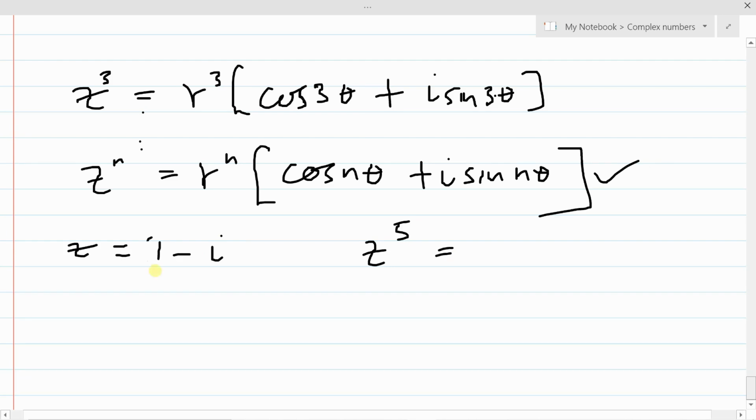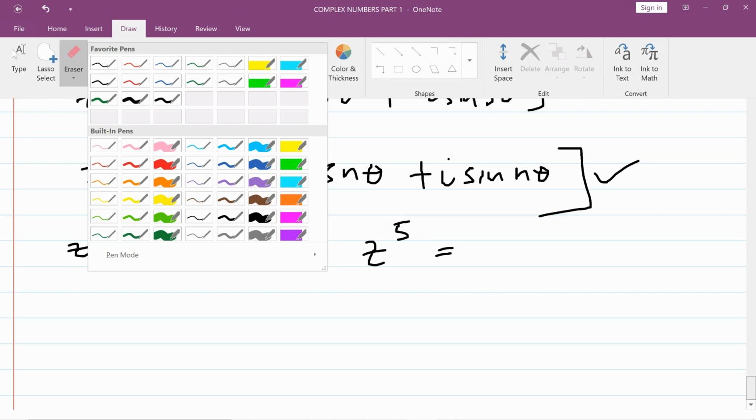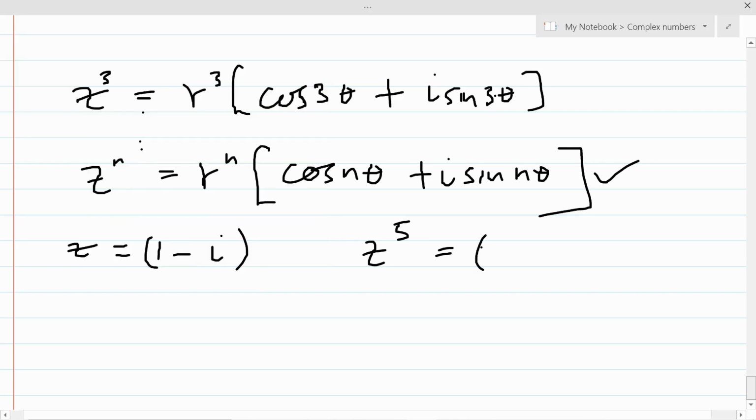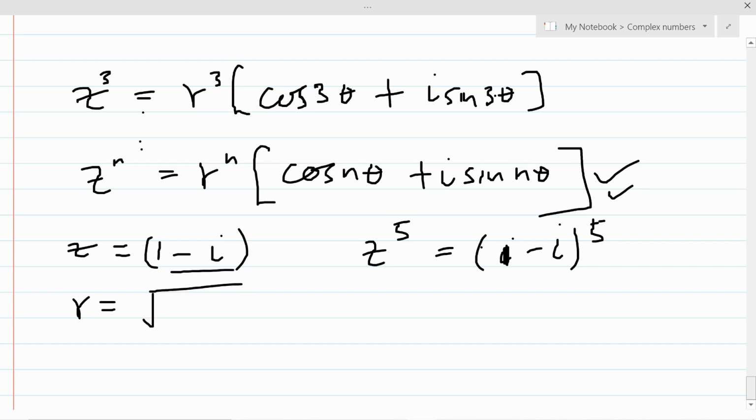If you are going to multiply this by itself 5 times, 1 minus i, 1 minus i, then to the power 5, you're supposed to expand this, and this would have been a problem. But since we know this formula, we just put it in. Let's find our modulus: r from this complex number is the square root of 1 squared plus negative 1 squared, which is equal to the square root of 2.